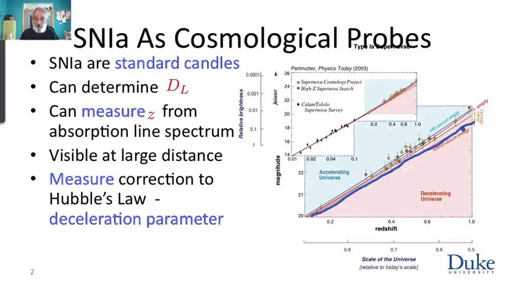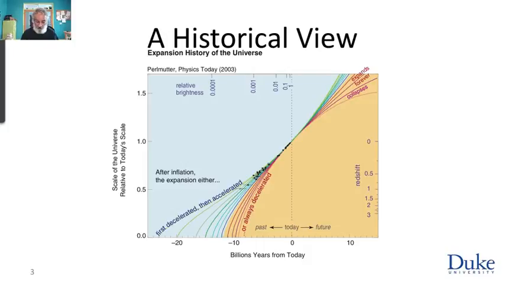These days we have measurements at even larger values of the redshift, and you can see that we observe nearby supernovae. For nearby supernovae, we observe the linear expansion, the linear approximation, and then at larger distances, we observe that the universe is accelerating, and in fact, the most distant supernovae discovered actually begin to show us the downward trend.